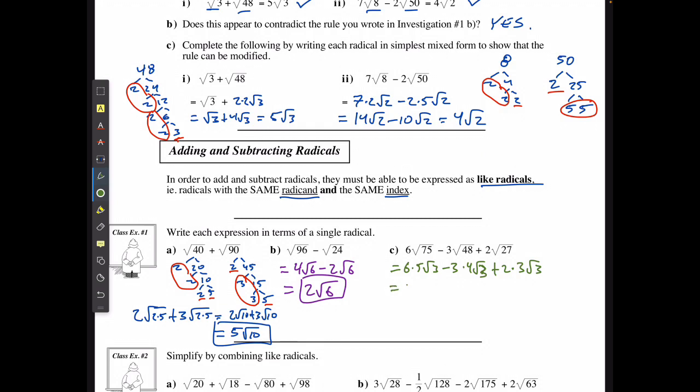So I have 30 root 3 minus 12 root 3 plus 6 root 3. I'm left with 24 root 3's.